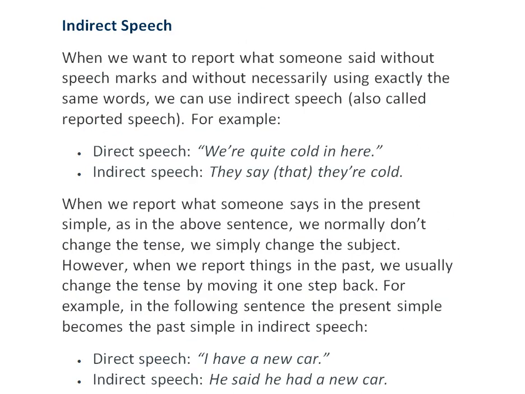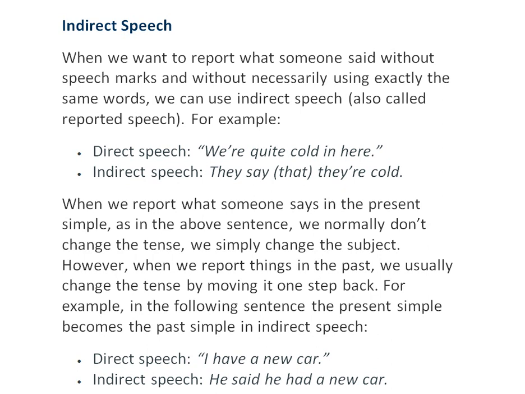So now it comes to another type of speech, that is indirect speech. What happens here is we report what someone said without the speech marks and without necessarily using the exact same words. That means in direct speech we say the exact same words that were said by that person, and in indirect speech it is the opposite. So we'll take an example.